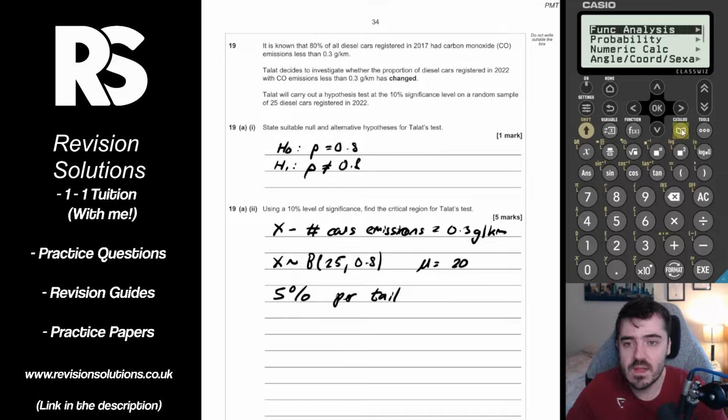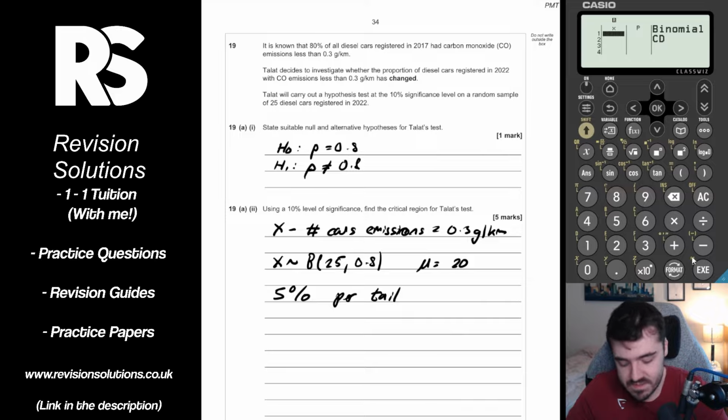So what I like to do is go to binomial and use the list function, and then you can easily calculate lots of values and see where we cross this threshold. So I'm going to start from 15, and enter all the values up to 25, just to be thorough.